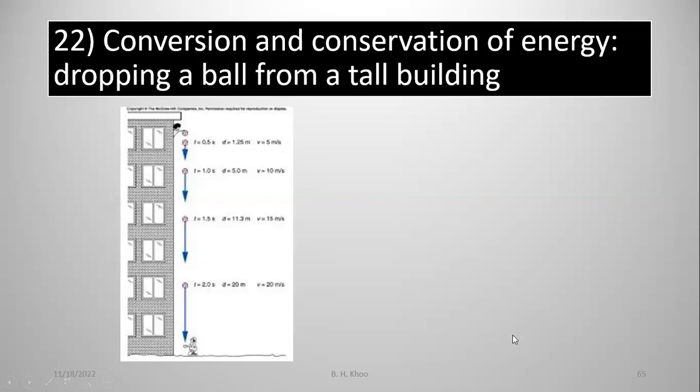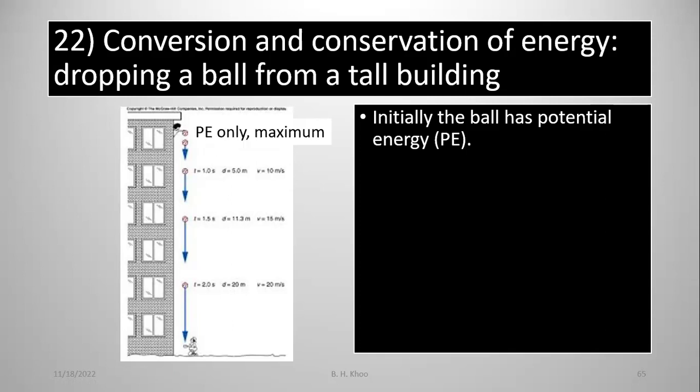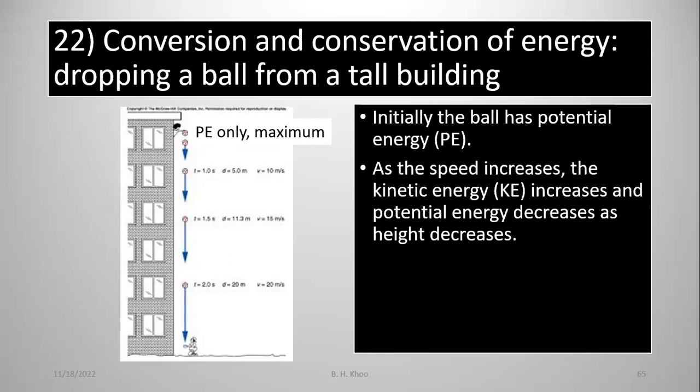So basically, conversion and conservation of energy, dropping a ball from a tall building. Initially, when it has zero velocity, all the energy is potential energy, or maximum potential energy.